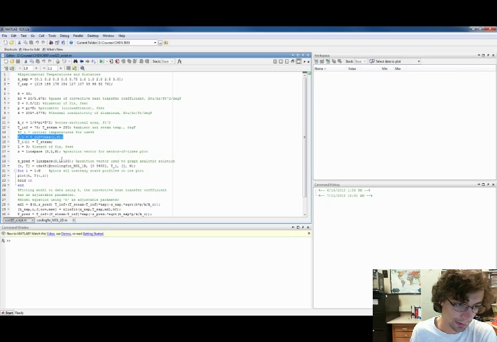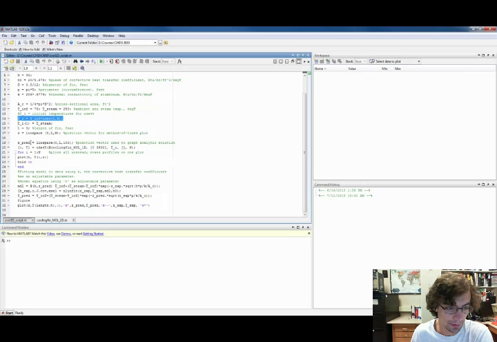The rest of them are initially at the ambient temperature, so all the other temperature nodes besides the z equals 0 node are at 250, or sorry, at the ambient, which is 75. Okay, and then we define some position vectors that we'll need later on.